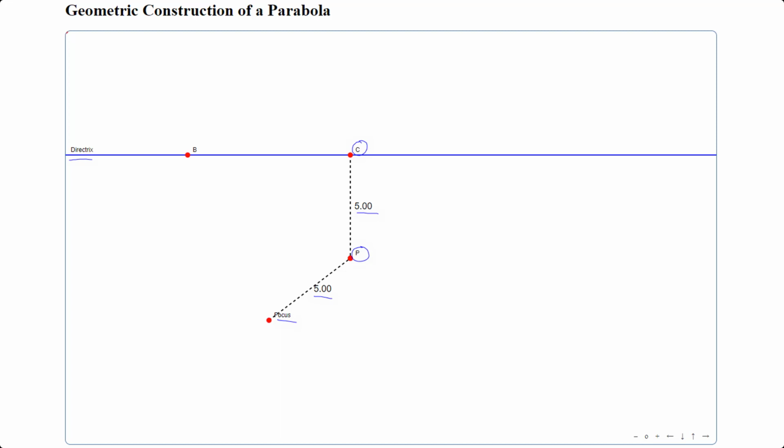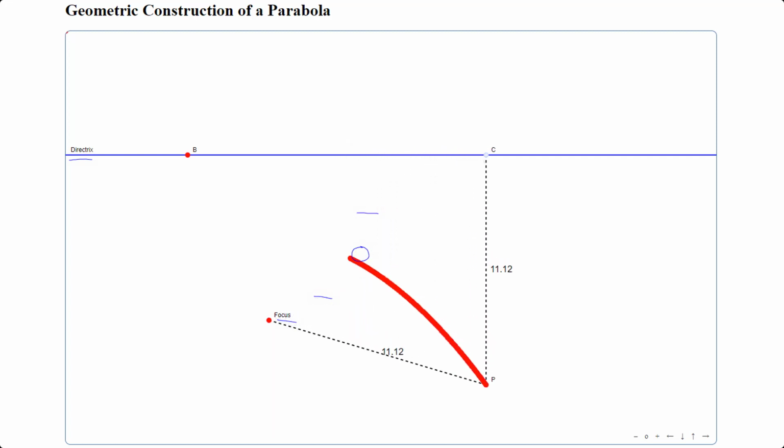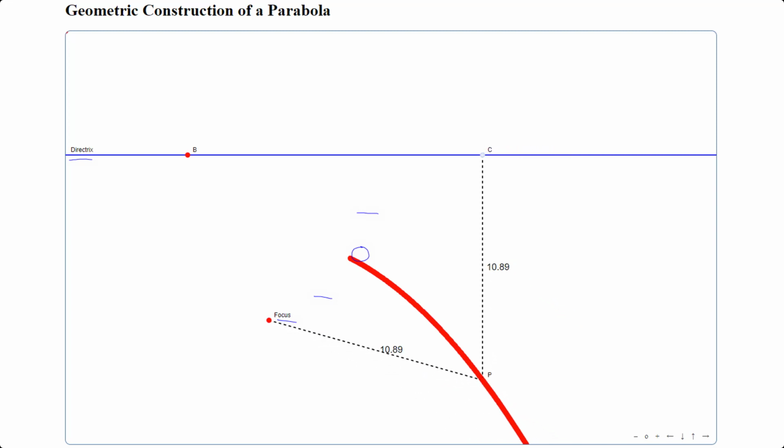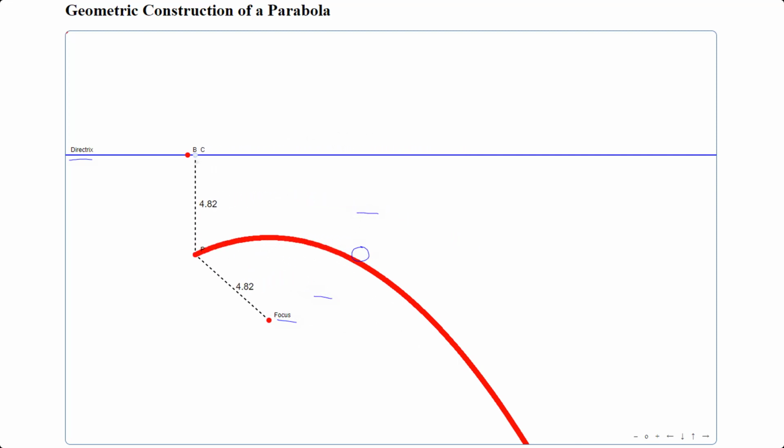If I move point C, which in effect is changing the location of P, the distances between the focus and point P and the directrix are changing, but they always stay the exact same value. So no matter where I stop on this parabola, that distance is constant.